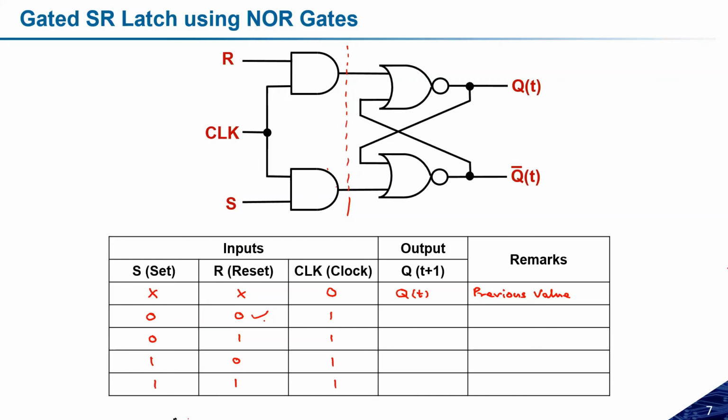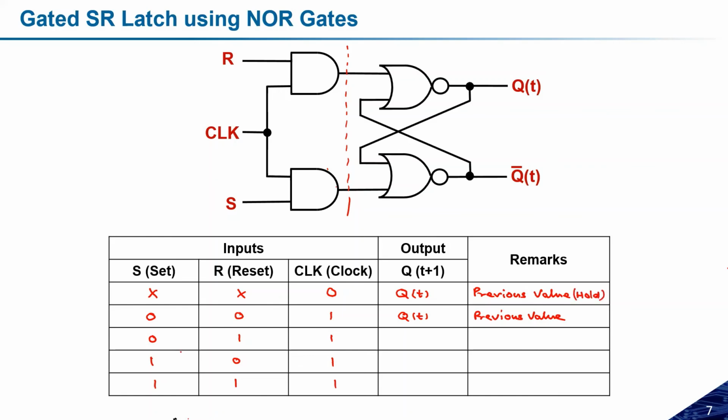The same output Q(t). It will be maintained. It will hold the logic. The previous output, so simply it will be the previous value. Yeah, so it will hold the same as it is.